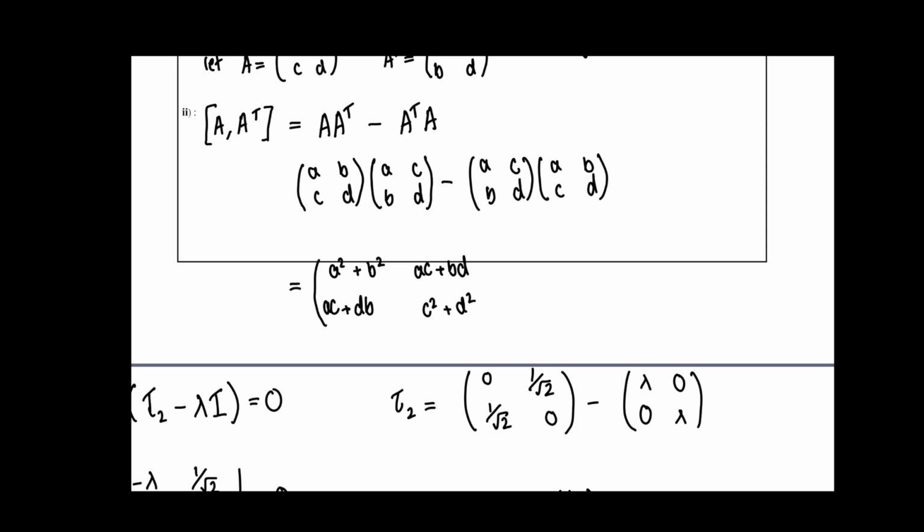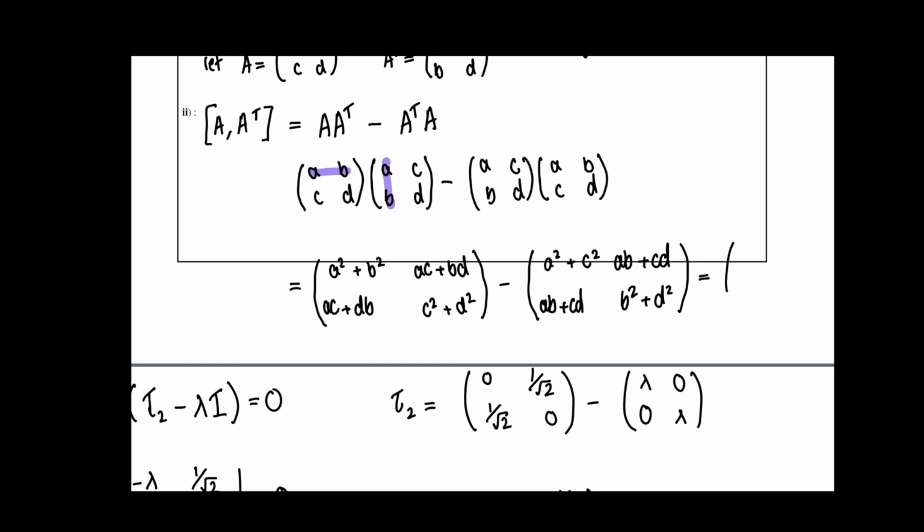So that is just the rows times the columns. Doing the same thing for the other pair of matrices, we get A squared plus C squared, AB plus CD, AB plus CD again, and then B squared plus D squared.